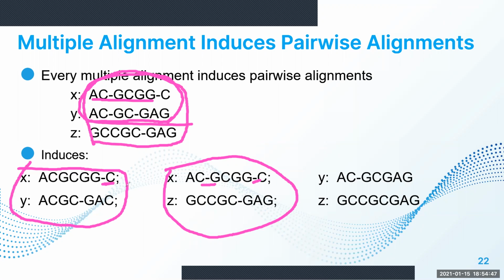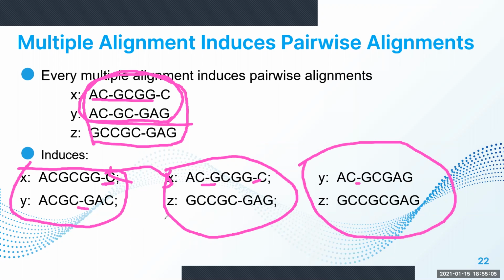So it's the same sequence, but we have different alignments. The same holds for Y: we have a gap here, but in the XY alignment we have the gap there. So these are the same sequence but different alignments.